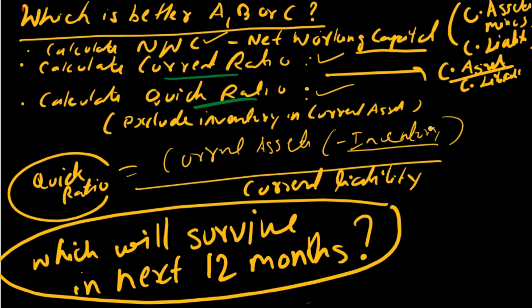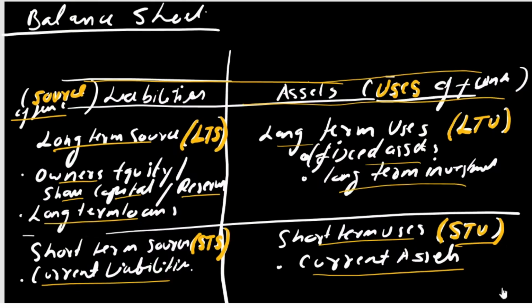Cash, bank balance, and receivables are easily convertible into cash within 12 months. But inventory is not that easily convertible; it takes slightly more time. So we'll exclude inventory for the moment and then calculate the ratio of current assets to current liabilities, and that is called the quick ratio. Now these three concepts we will discuss.